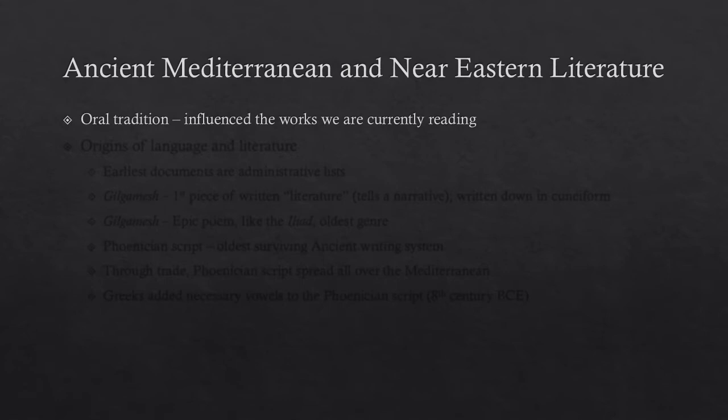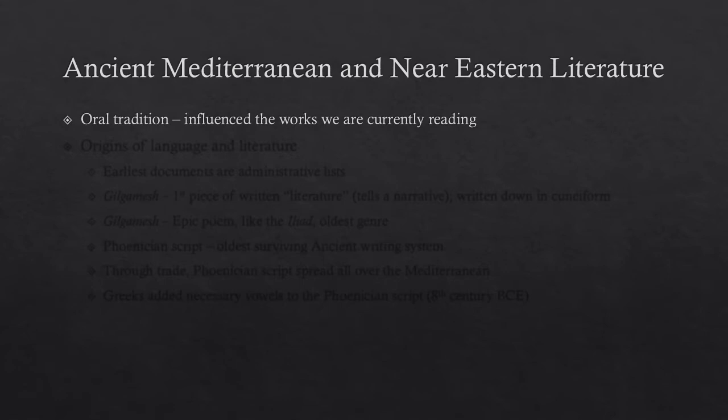This persisted for thousands of years because writing is actually relatively new from a technological standpoint, in terms of inventing paper and being able to write something down. Homer, who eventually wrote down the Iliad and the Odyssey, was one of the first to do it. Gilgamesh was the very first, but those stories were told aloud for centuries before they were written down.